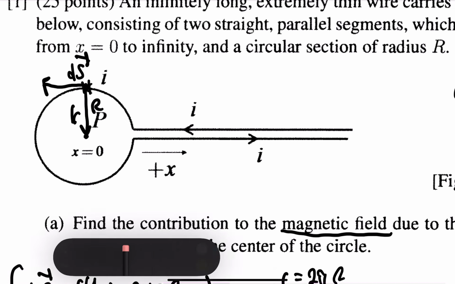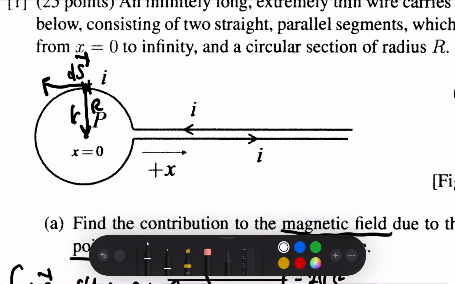Similarly, if I do the other wire, my ds vector will be the direction of the current. So ds is this way, and my r vector is this way. They're still parallel. Even though they're going in opposite directions, ds is still parallel to r, so the cross product is going to be 0.